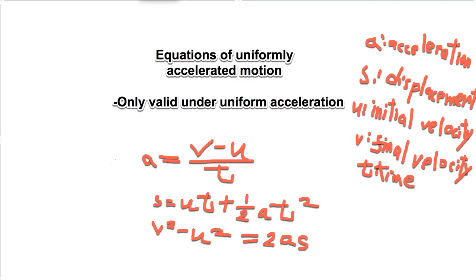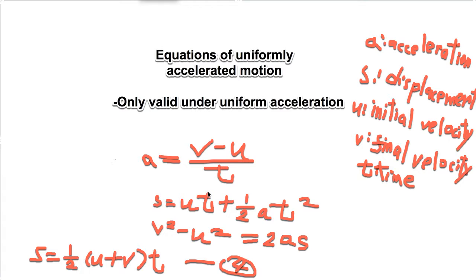For these three equations, they will be given in the HKDSE Paper 1A appendix part. The equation s equals half (u plus v) times t is not given in the public exam, but is seldom used.